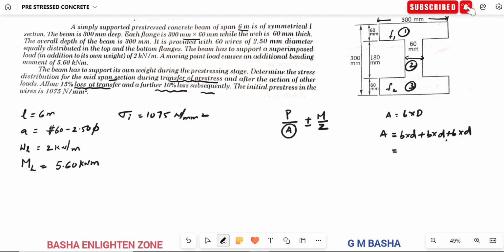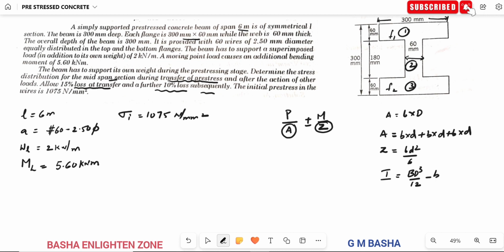And again, if you want the Z value, for a rectangle the Z value will be different. That one will be equal to BD square by 6. Directly you will get BD cube by 12, again D by 2. For this type of I section, if it is symmetrical, you will get like this, capital BD cube by 12, and again minus small bd cube by 12. I am giving the hint how to solve this problem directly.